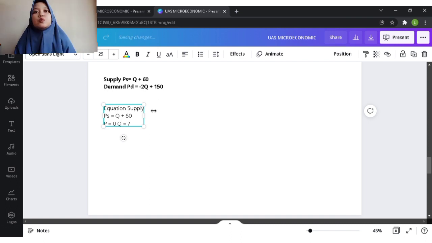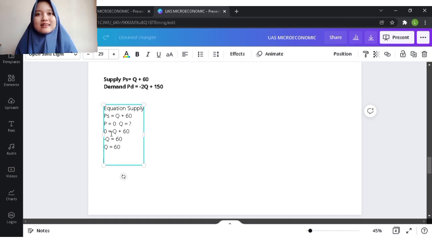We use the equation PS equal to K plus 60, so it is the same as 0 equal to K plus 60. We move the K to the left side, equal to 60, and K we get is minus 60. K equals minus 60.